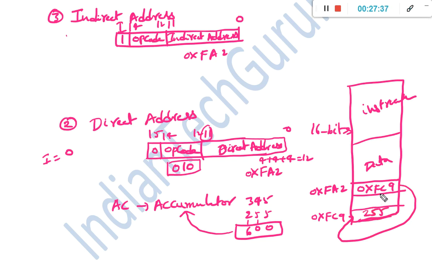Okay. So what does it mean? Previously we had a memory location, and that particular memory location contained the operand. However, now, whatever address location is given as the indirect address will contain one more address, and in that address the data will be stored. Okay.